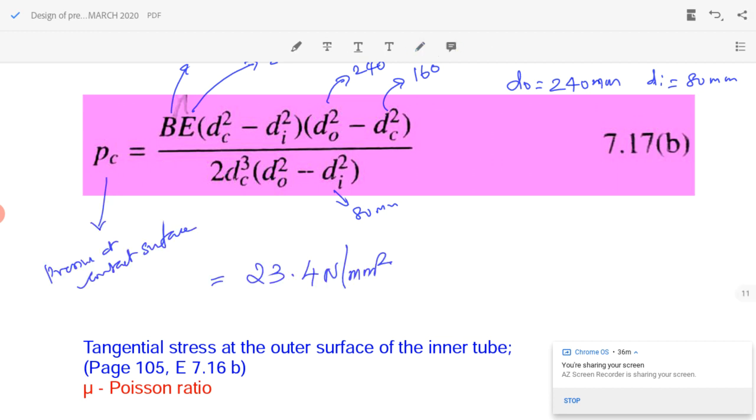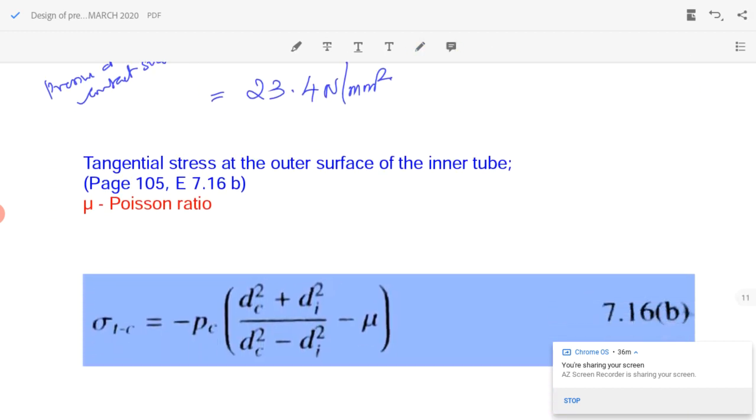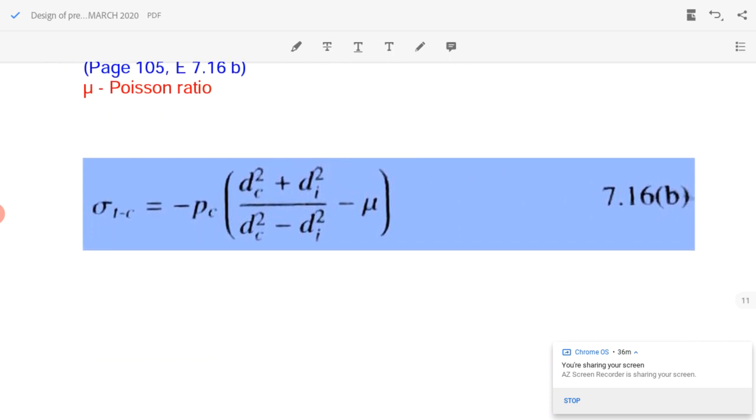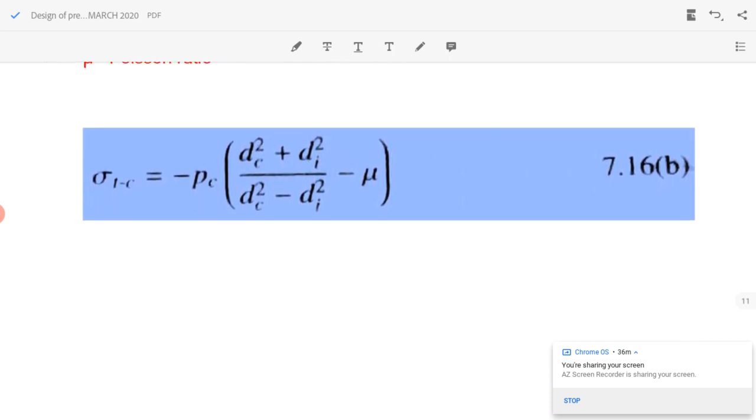Further, using this value, I can find the tangential stress at the outer surface from page 105, equation 7.16b. We have this pressure at the contact surface, 23.4 Newton per mm square.